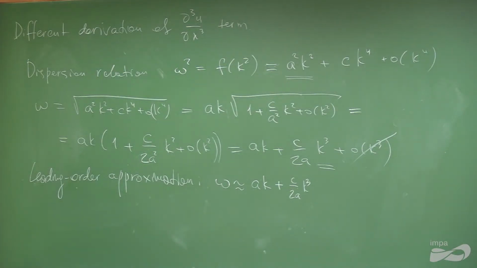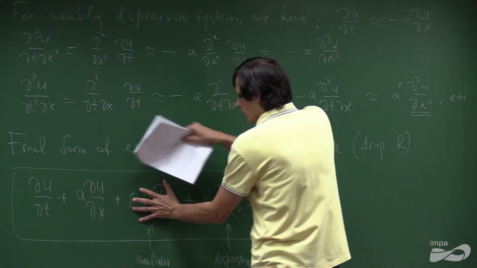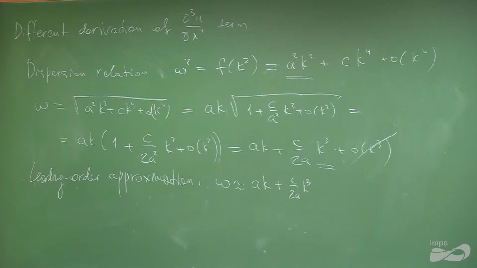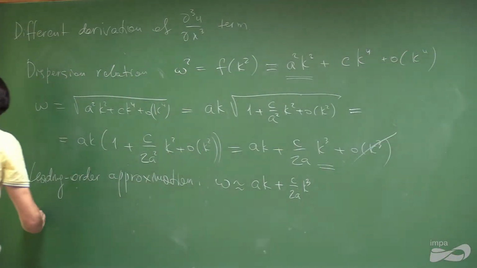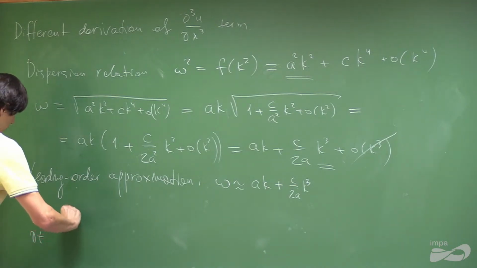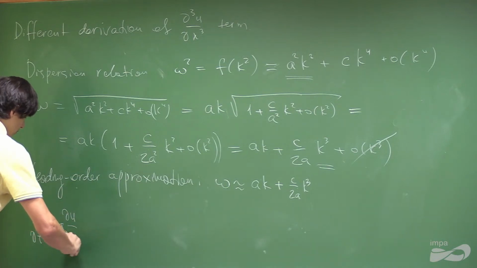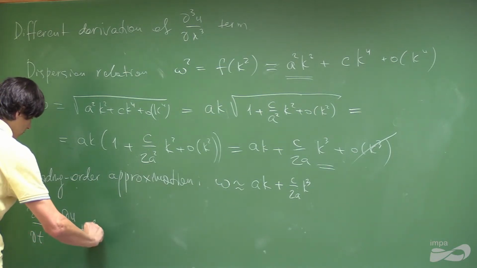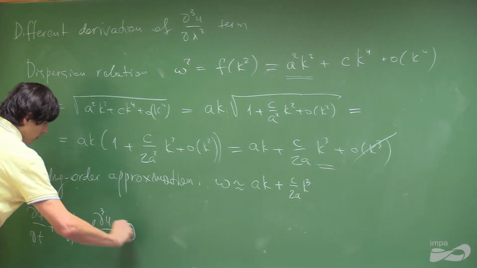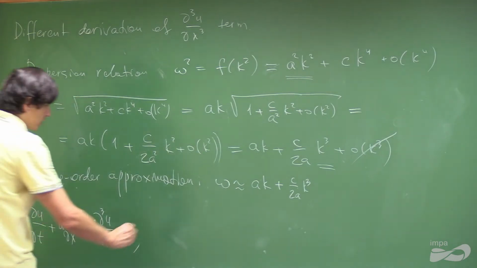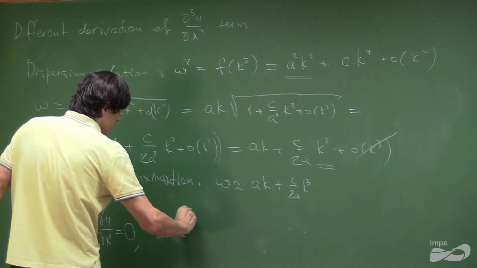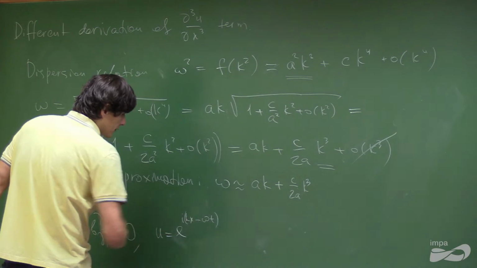dispersion relation you get from this dispersive term. So you put in the cubic dispersive term. How do we get the dispersion relation? We take the solution, which is exponent ik x minus omega t, right?